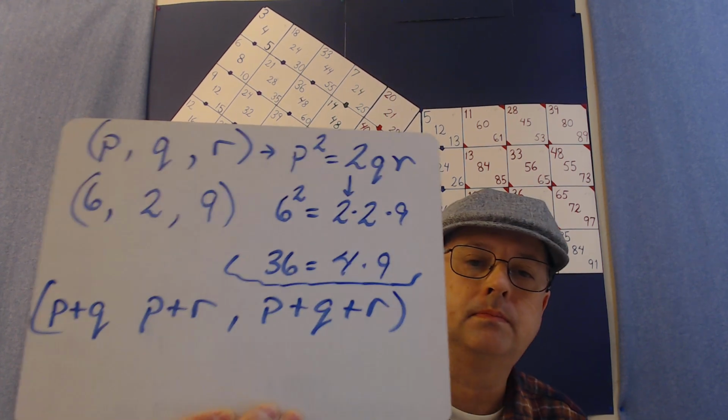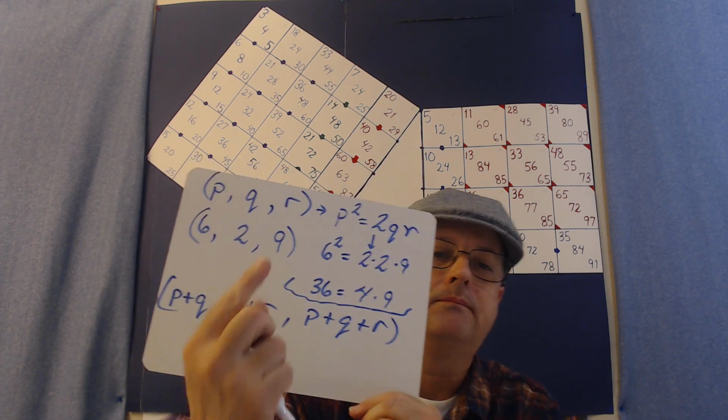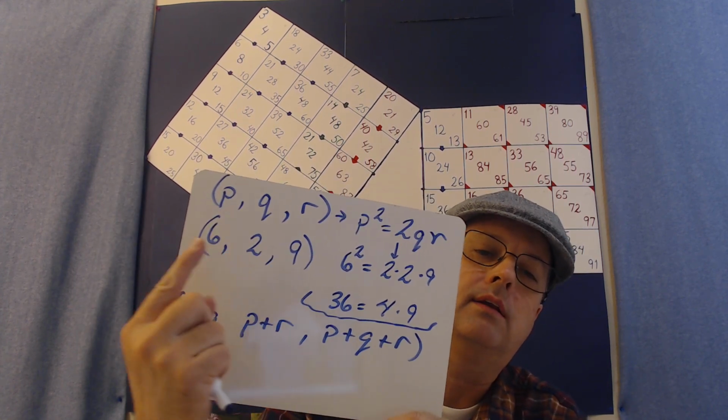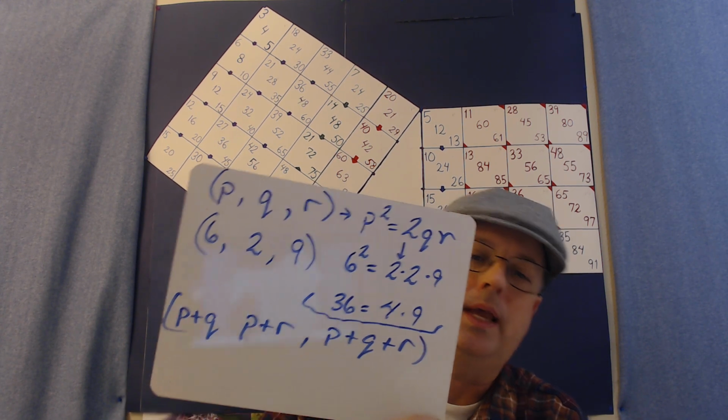To generate the Pythagorean triple, we have to say P plus Q, and P plus R, and P plus Q plus R. Okay, and so P and Q, you have to mind your P's and Q's, you know that. 6 and 2 there, that's going to be 8.